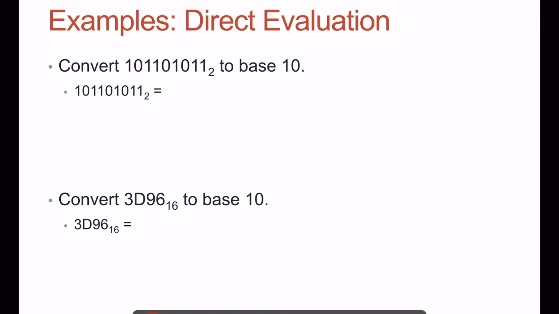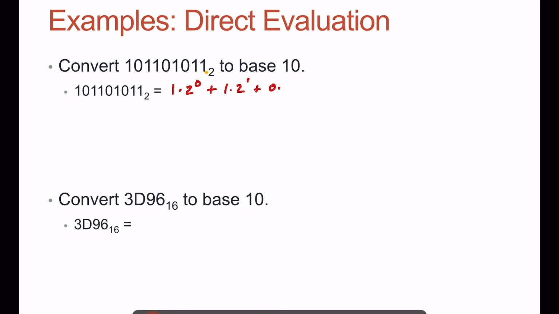Now let's look at direct evaluation. Suppose you're given this number in binary, and we want to convert it to base 10. We start at the binary point, just to the right of the least significant bit, and we use the polynomial expansion. The least significant bit is 1 times 2 to the 0. The next digit over is 1 times 2 to the 1.